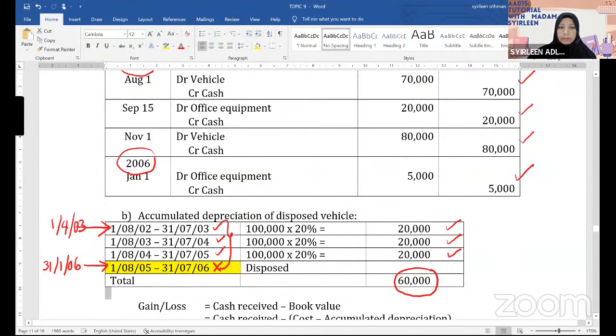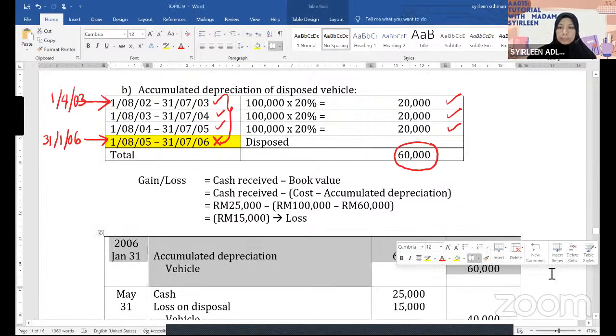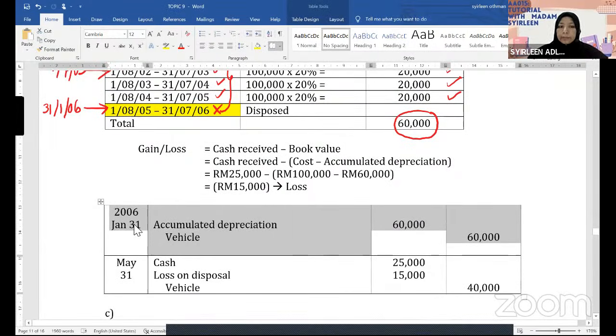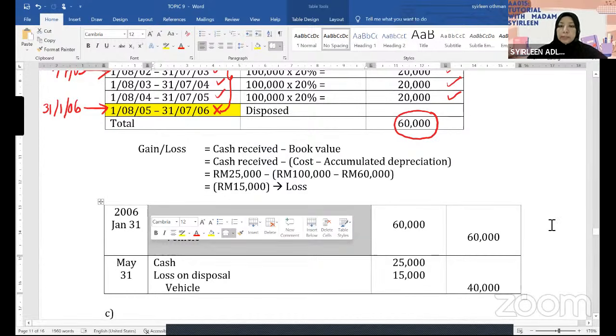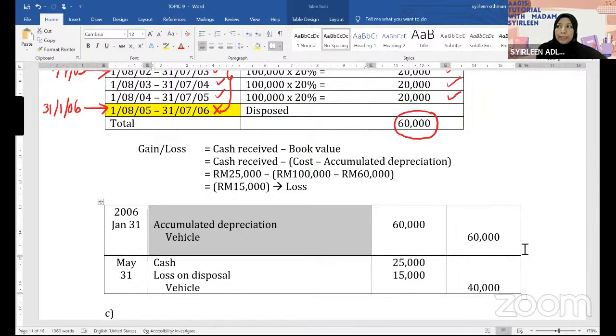Jadi, my journal for 31st of January 2006 will be debit accumulated depreciation and credit vehicles. Ini belum full disposal ya. Tapi apa tujuan kita catat ini? Sebab saya nak tutup terus accumulated depreciation. So that kontra dah ditutup tapi asset still pending sebab saya masih sedang tunggu pampasan.